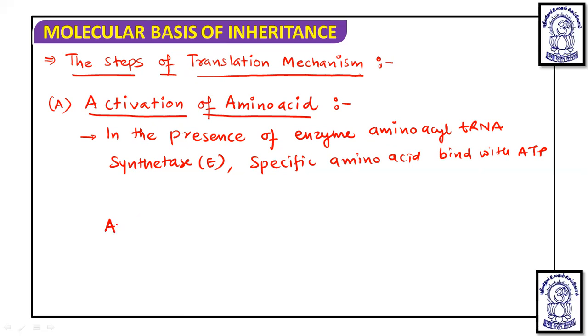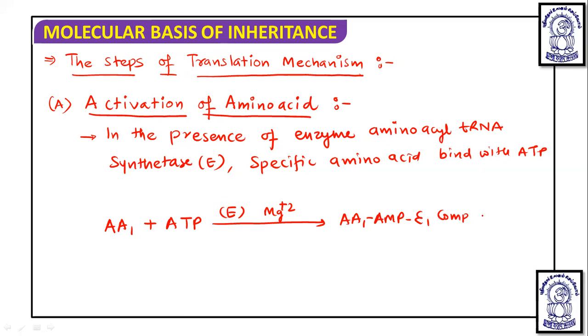So there are different amino acids. If we take any one amino acid and make it react with ATP in the presence of the enzyme aminoacyl tRNA synthetase and magnesium, the AMP gets added, and an aminoacyl-AMP enzyme complex forms and pyrophosphate gets released.